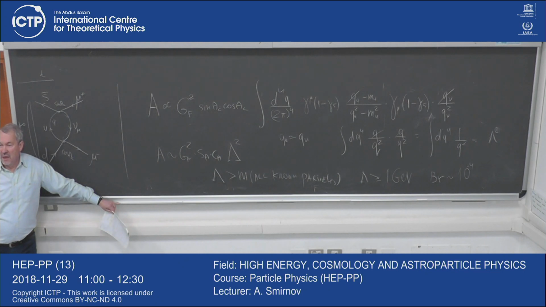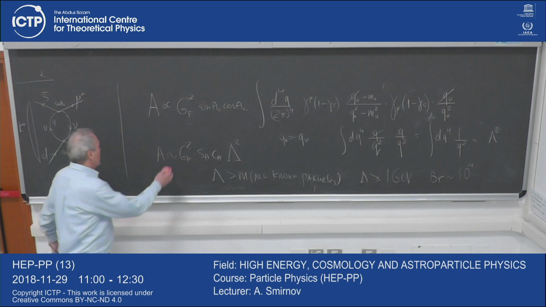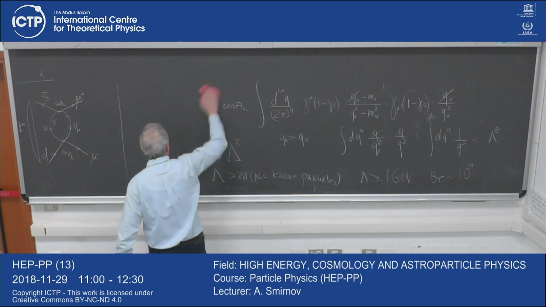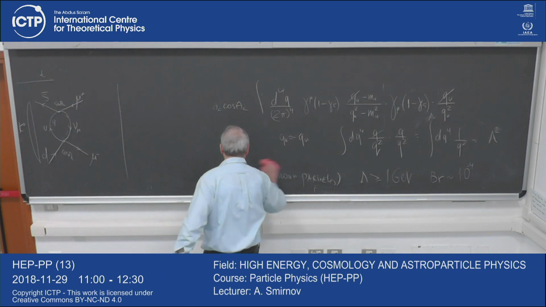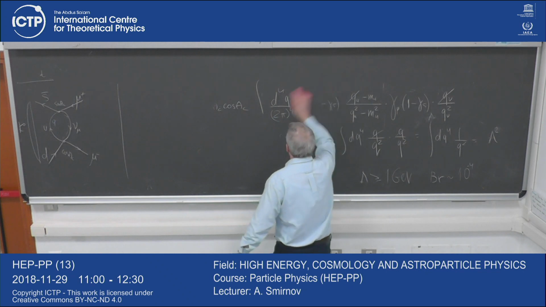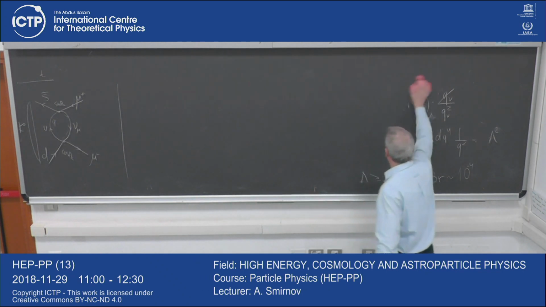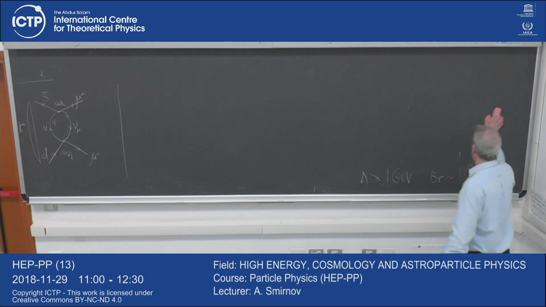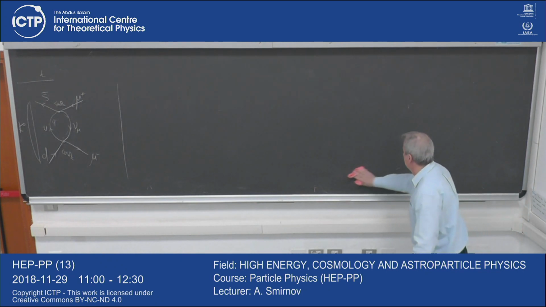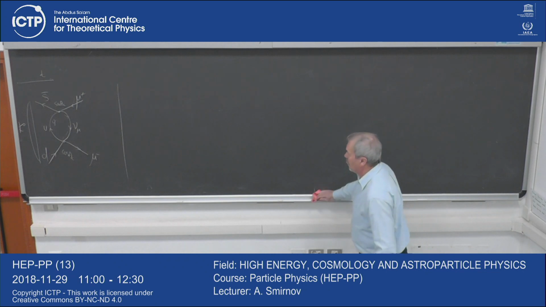And this was the move that Glashow, Maiani, and Iliopoulos made. So what they suggested is the following. I actually remember this trick, and it might be useful for your studies in the future.